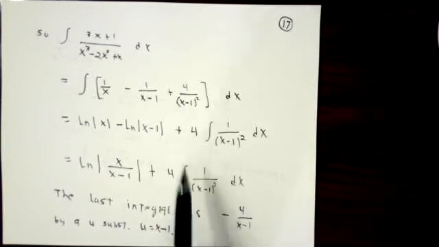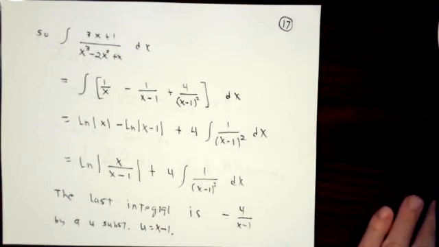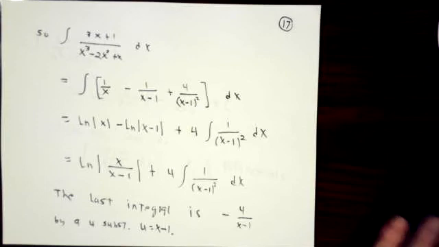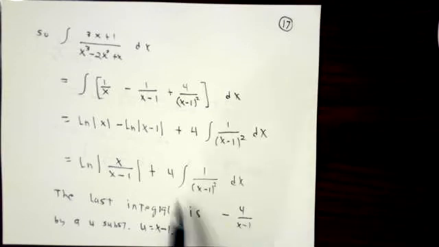The last one, I can factor a 4 out, and I can do this last integral with a u substitution. Make u equal x − 1. Work through the details of that. It turns out that the integral of 1 over (x − 1) squared is negative 1 over x − 1, and then put the 4 back, and you have the integral of that last term.